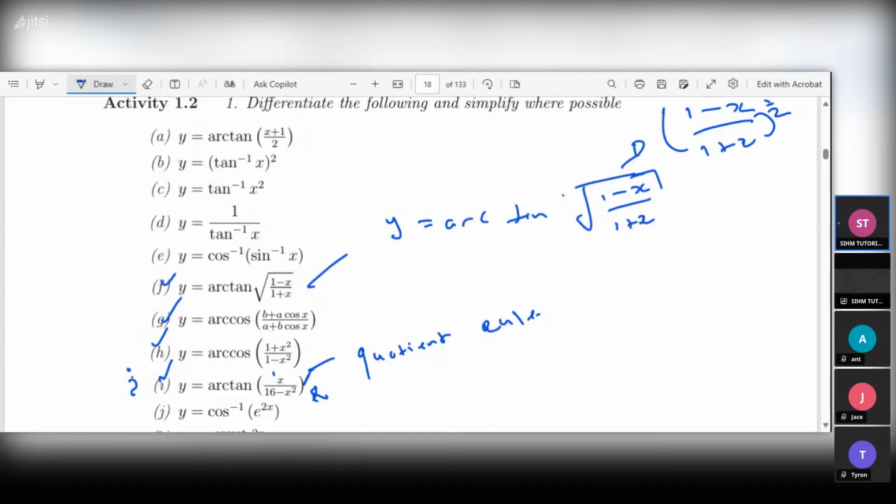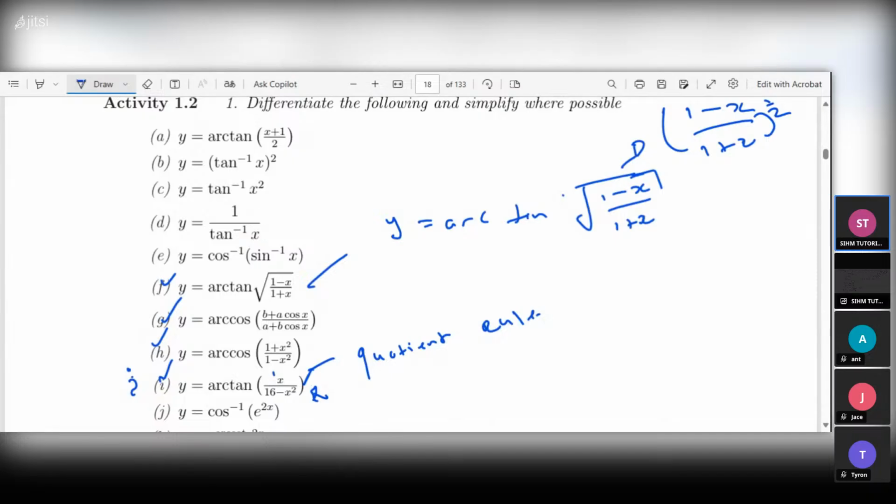So f prime of x is going to be, first we derive the numerator, which is going to be negative 2x in that way, and then we keep the denominator there, minus, and now we keep the numerator and derive the denominator, which is going to be 1.